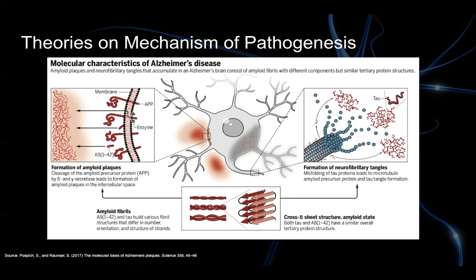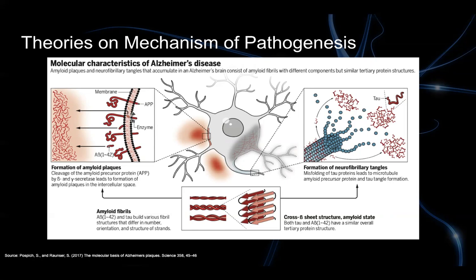Normally, the tau protein is not highly phosphorylated, but under pathological conditions, it becomes hyperphosphorylated. When it's hyperphosphorylated, you get these changes in structure. They start to get all wound up on each other. And as a result, you now have defective microtubules since they're no longer supported by the properly configured tau.